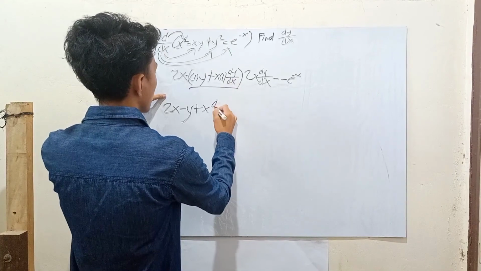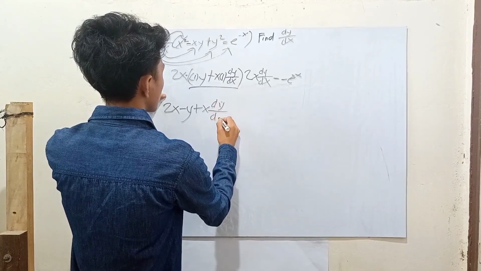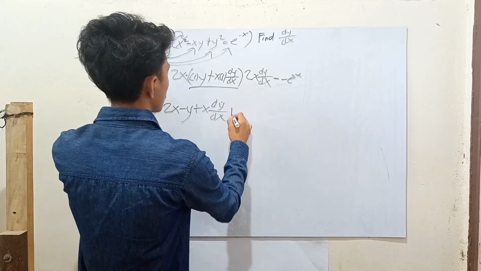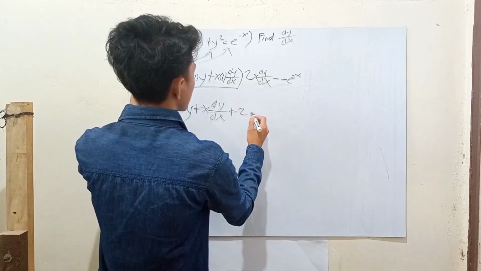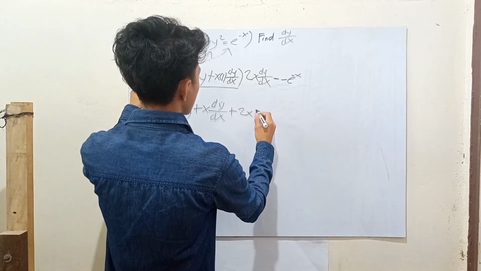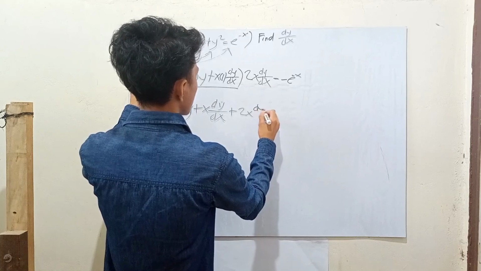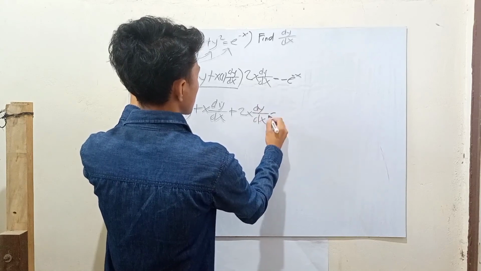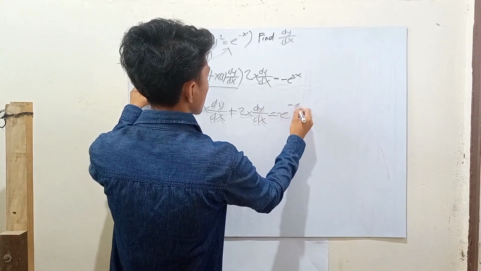Don't forget the dy over dx. Just copy the 2x as dy over dx equals e to the negative x.